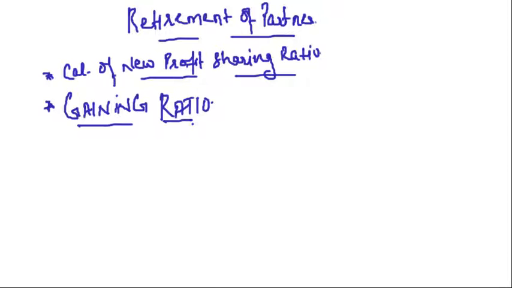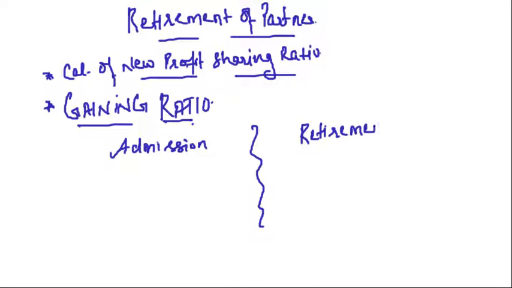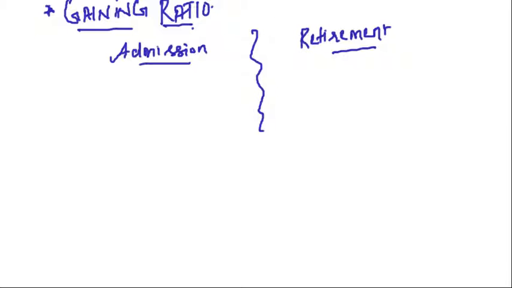So I'll make a comparison between what we studied in admission of a partner and what is there in retirement. In admission, if you remember, the old partners are sacrificing some part of their share in favor of the new partner.